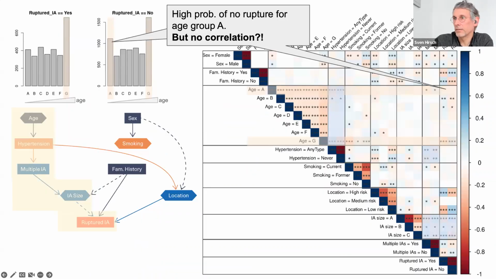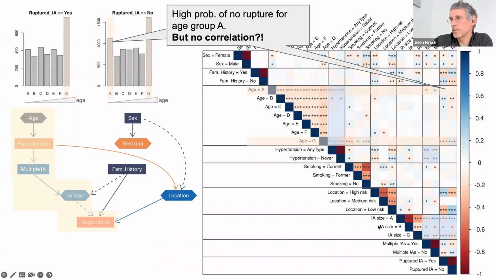No, back. There were too many animations here. Here you see age is correlated to hypertension. Then hypertension is correlated to multiplicity.